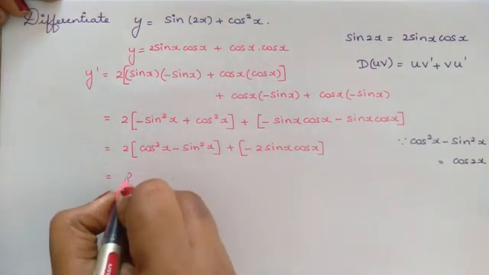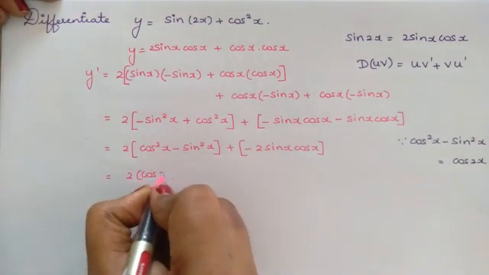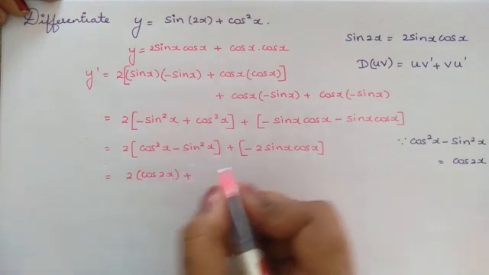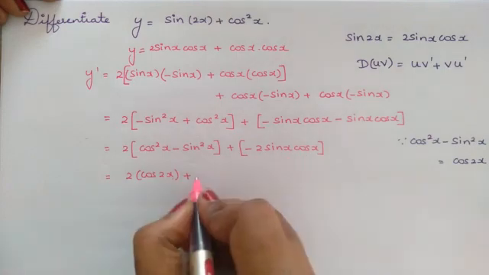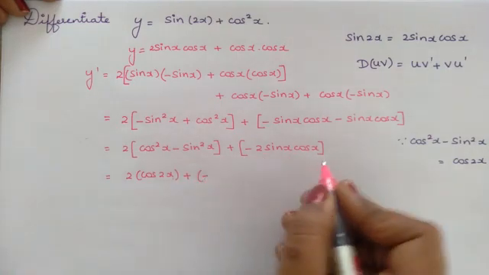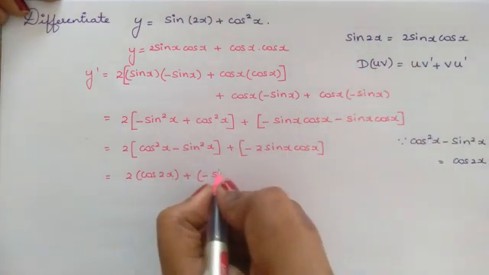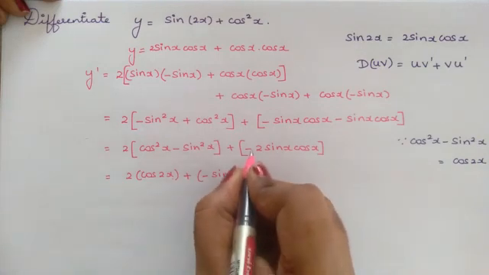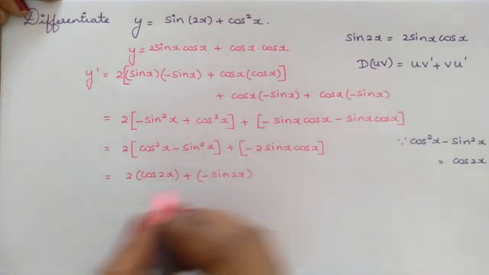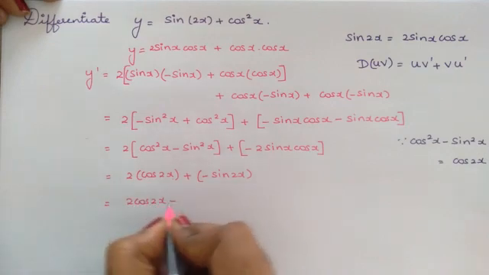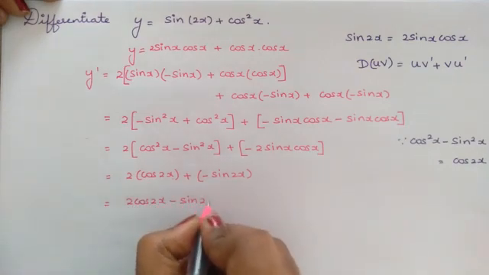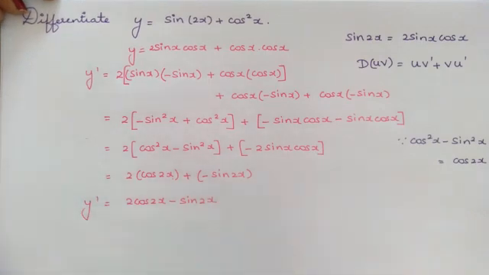So this will be 2 cos 2x plus this will be minus 2 sin x cos x, which is minus sin 2x. The negative sign I have retained in the next step also. So this is 2 cos 2x minus sin 2x. This is nothing but y dash. Thank you.